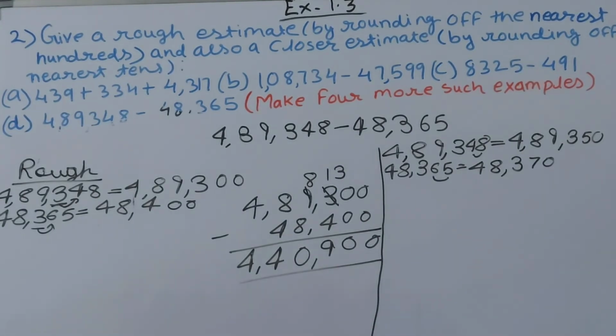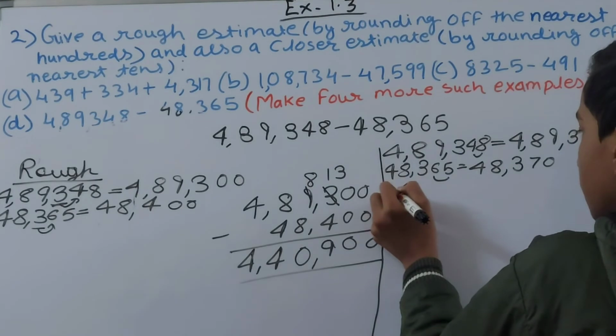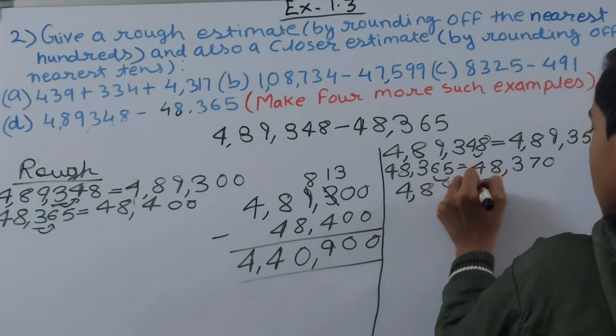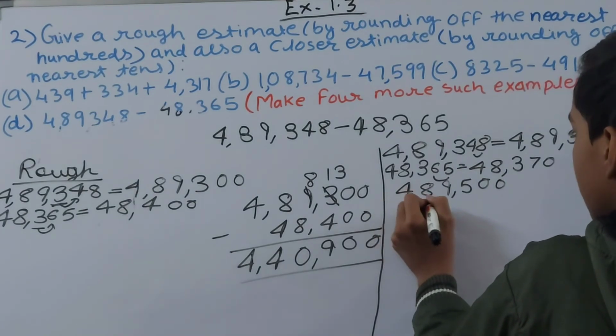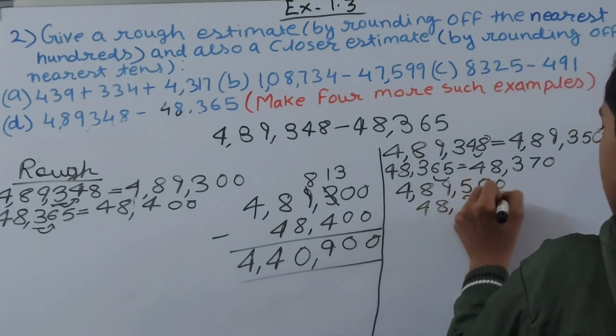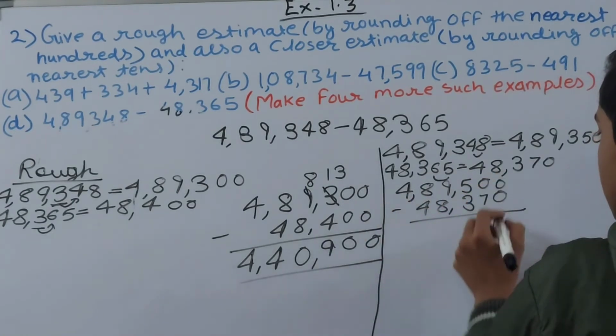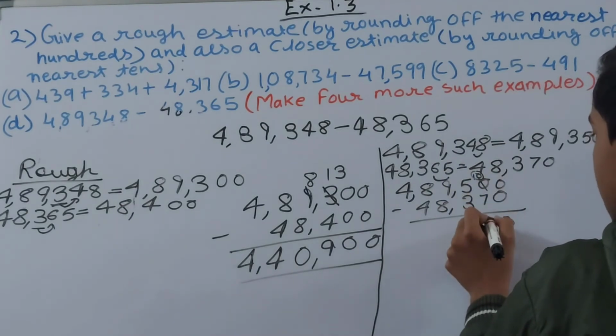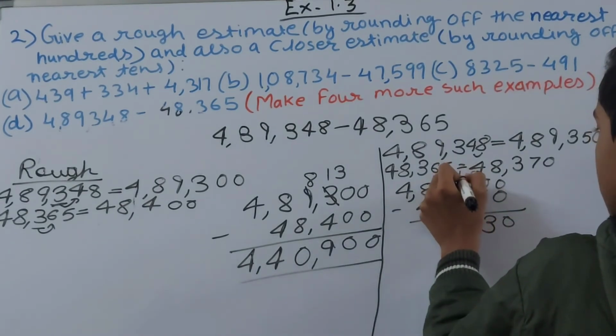Now we will subtract them. So let us start. First we have this 4,89,350. And below that we will write 48,370. Now we will subtract, 0 minus 0, 0. This 0 will turn to 10. 10 minus 7 is 3. 5 minus 3, 4.